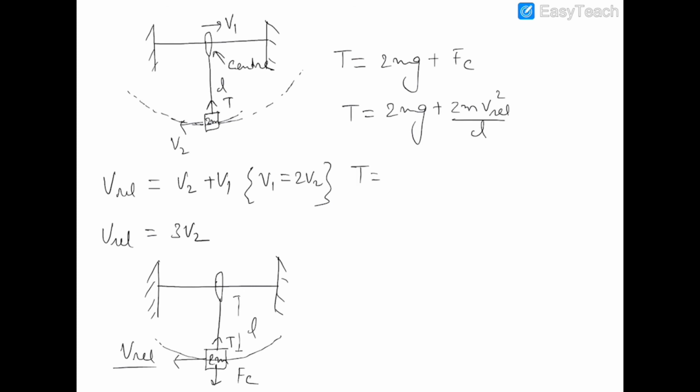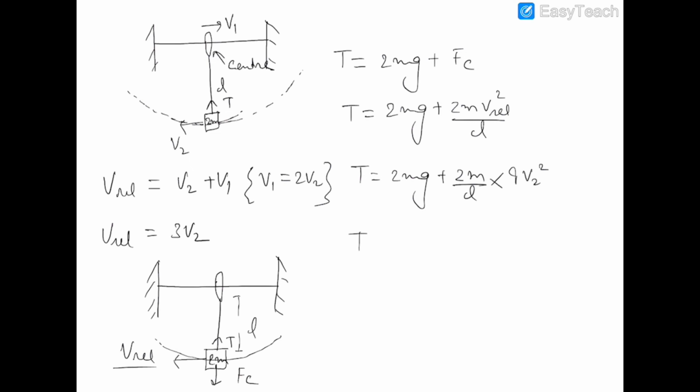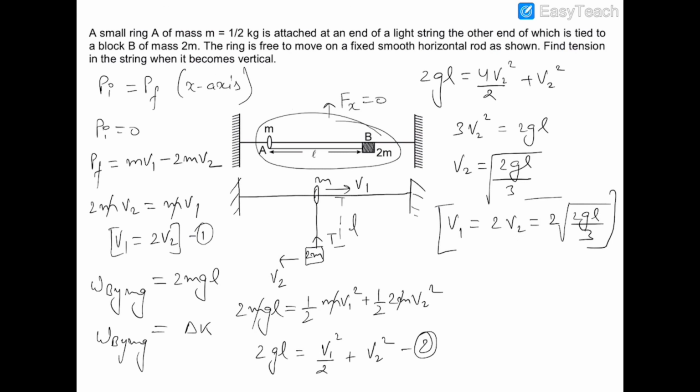So T is equal to 2mg plus 2m by L, and we know that v relative is 3v2, so its square would be 9v2 square, and the value of v2 square is equal to 2gL by 3. So this T will be equal to 2mg plus 2m by L into 9 into 2gL by 3.